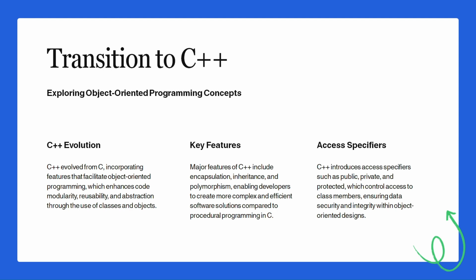Key features, the major features of C++, include encapsulation, inheritance, and polymorphism, enabling developers to create more complex and efficient software solutions compared to the procedural programming in C. Third one is access specifiers. C++ introduced access specifiers such as public, private, and protected, which control the access to the class members, ensuring data security and integrity within object-oriented programming.